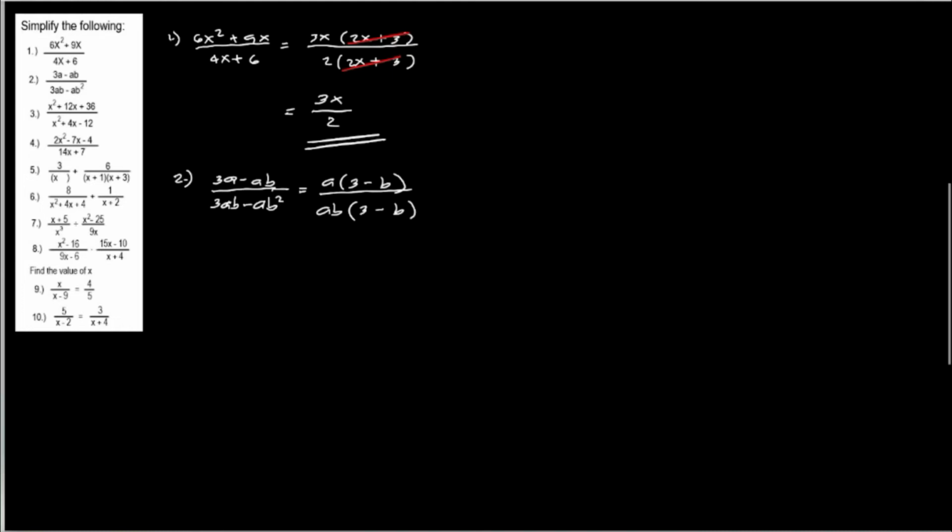Cancel out common terms in the numerator and denominator, so 3 minus b and 3 minus b. Then simplify, and also check if there are similar terms, so the variable a in the numerator and a in the denominator cancel out, and simplify: 1 all over the remaining value in the denominator, that's b. The answer is 1 all over b.